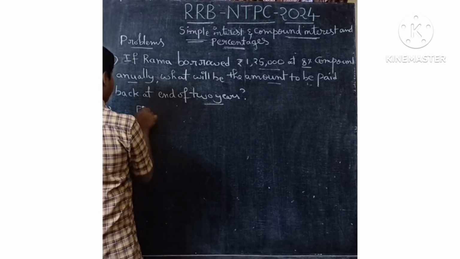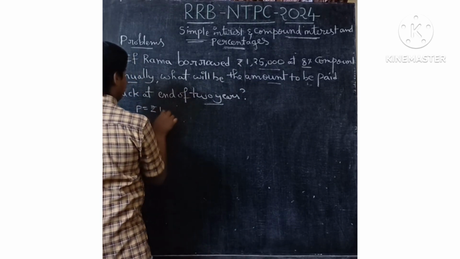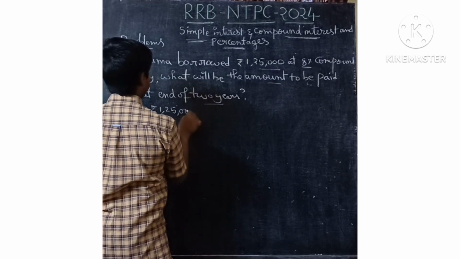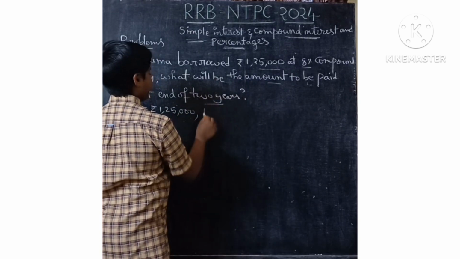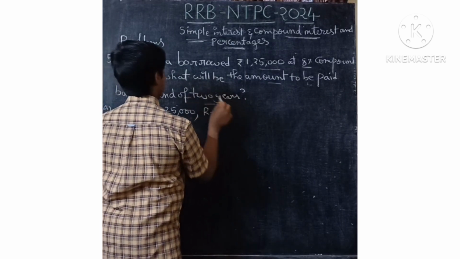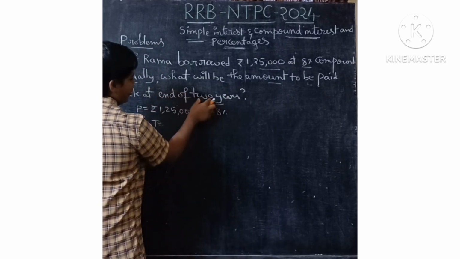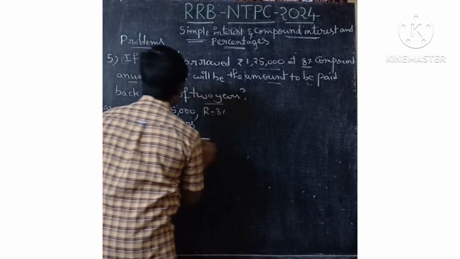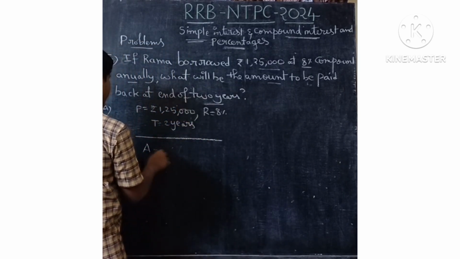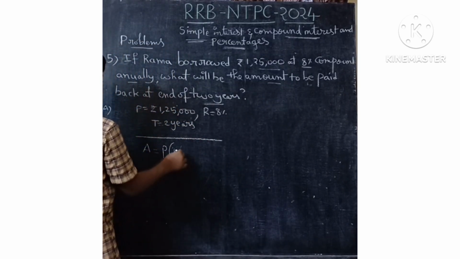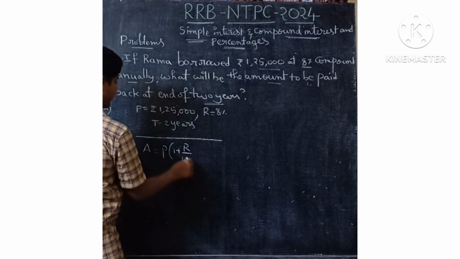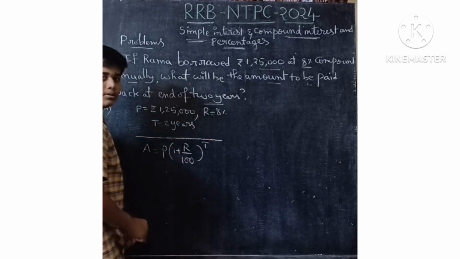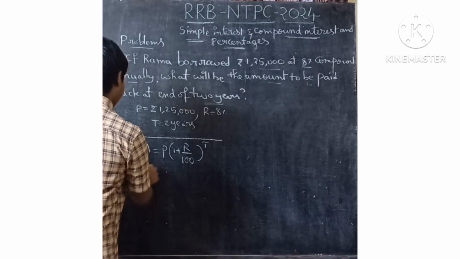So principal is equal to 1,25,000, the rate is 8%, and the time is 2 years. So apply the formula of compound interest, which means amount is equal to P into (1 + R/100) whole power T.